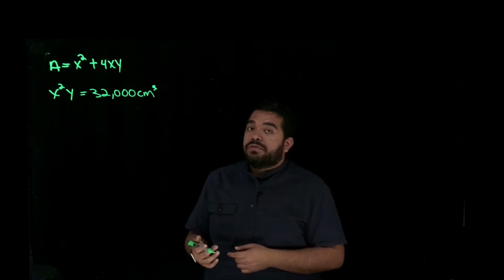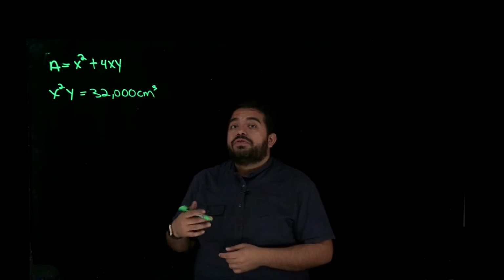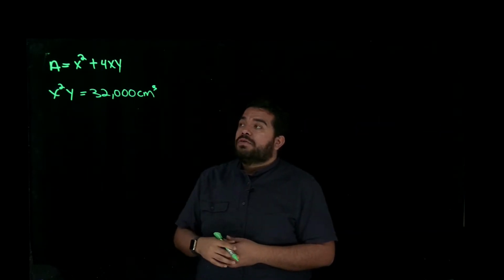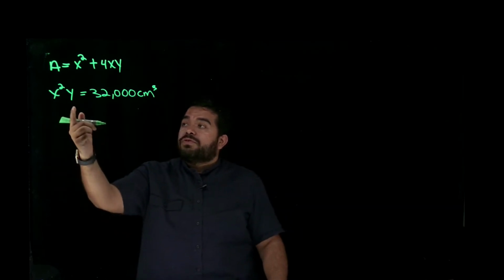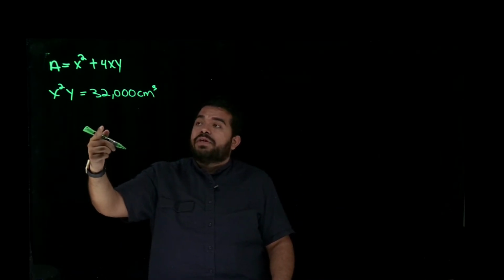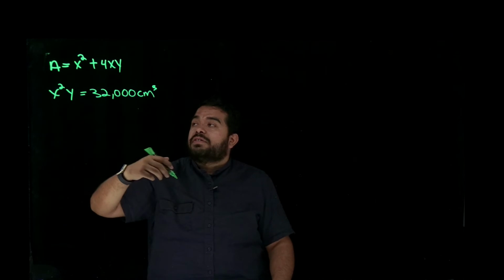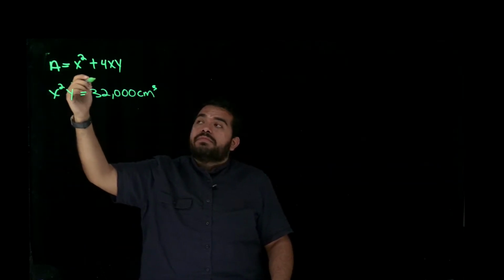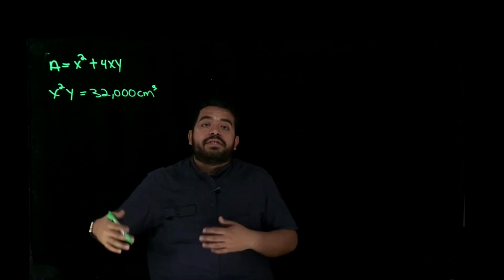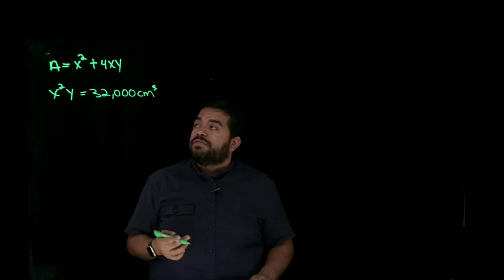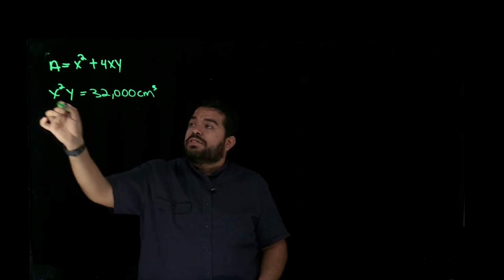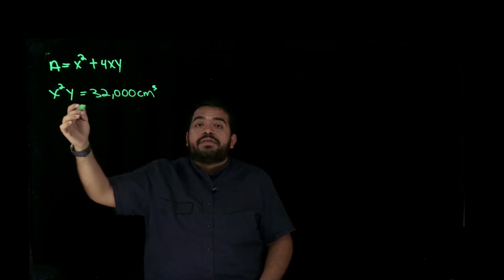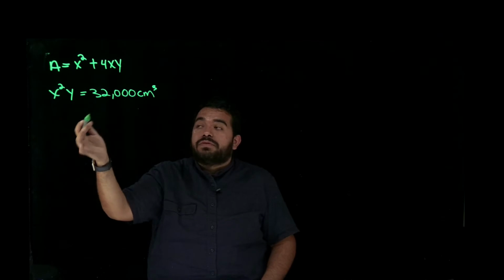So I'm going to solve for one of the variables and use substitution for the other one. So for this here, I'm going to solve for y so I can use substitution and plug into this. Why? Because remember, we want to minimize the surface area because the surface area represents the materials that we are using. So for that reason, I'm going to use this to try to get a function representing the surface area, using this fact that has to be true.